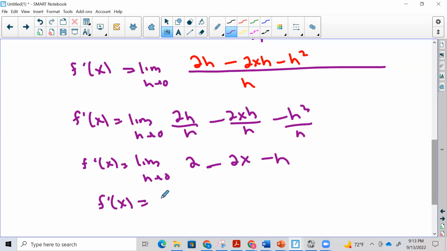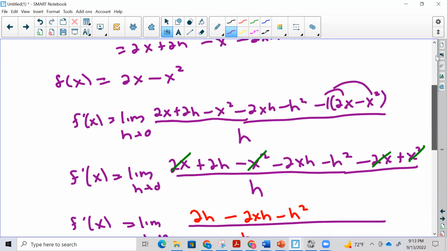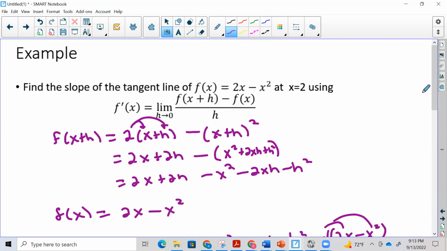So now I'm going to plug it in. When I plug it in, I don't need to write limit because I'm actually taking the limit. So this becomes 2 minus 2x. And that's the derivative. Now, when it's the slope of the tangent line, we want the derivative at a specific point. So I'm going to go back to this problem and see what that point is. I want it at x equals 2.